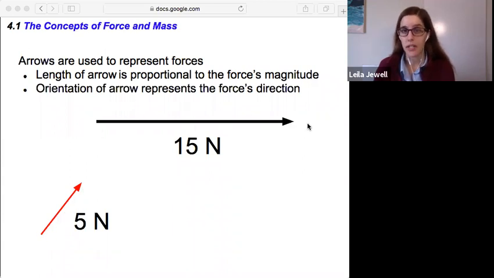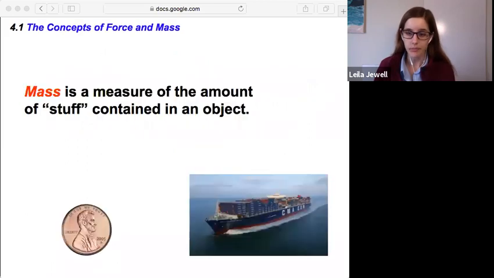The arrow is 3 times longer. We also note it has a different orientation. So the 15 Newtons is pointing pure east, or in the positive x direction, versus the 5 Newtons is in both the x and the y direction. It's pointing both sideways and vertically. So this introduces the notation we'll be using when we depict forces, especially in pictures.